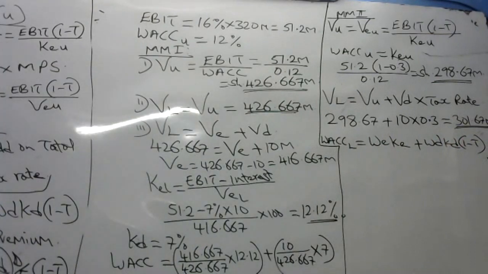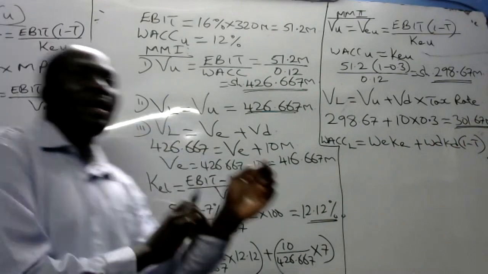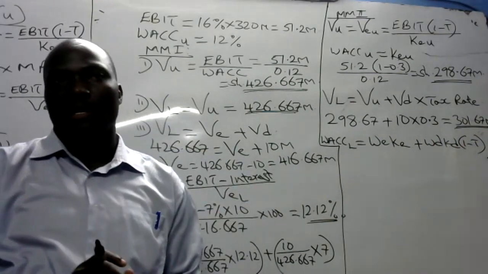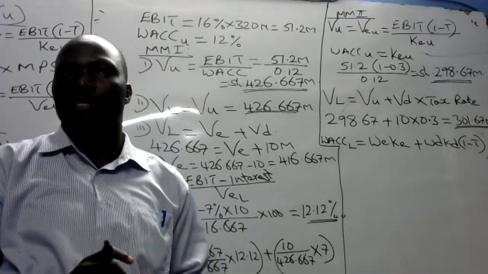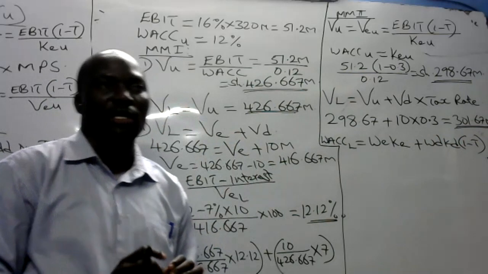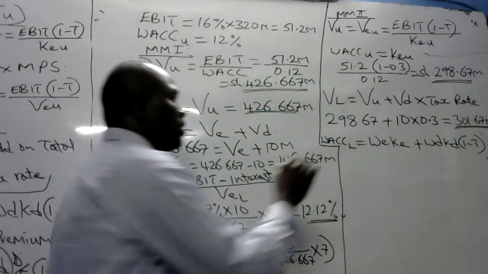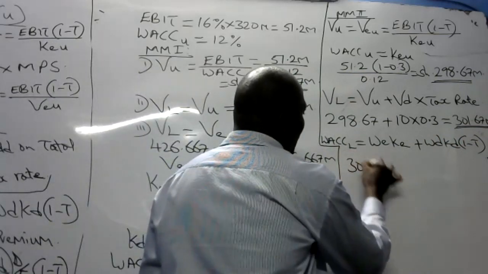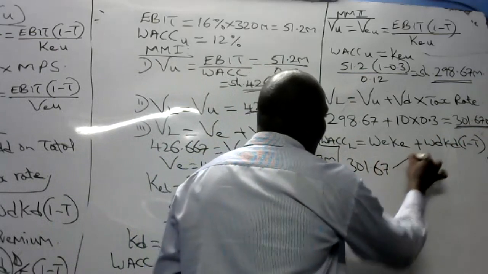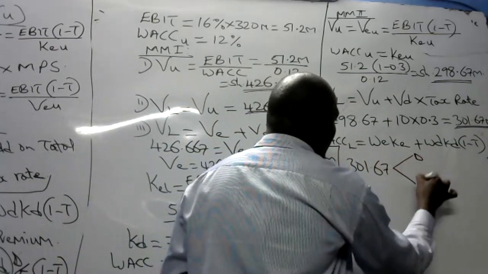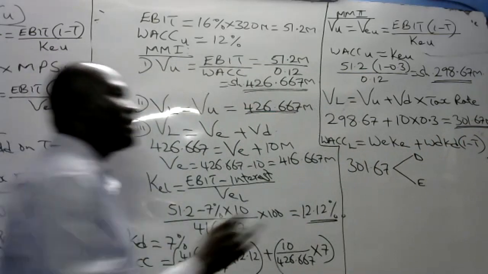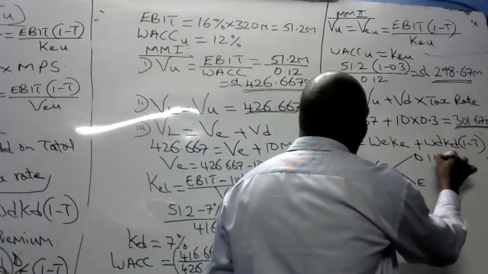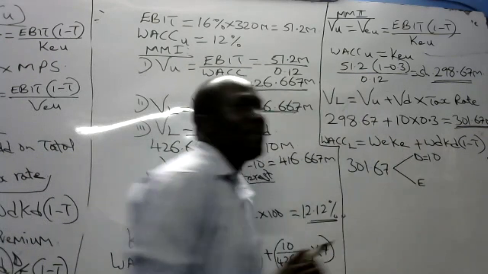Yes, by all means, the value of this farm is 301.67 when we introduce debt. And that value of 301.67 equals debt plus equity. If debt is 10 million, how much will equity be?